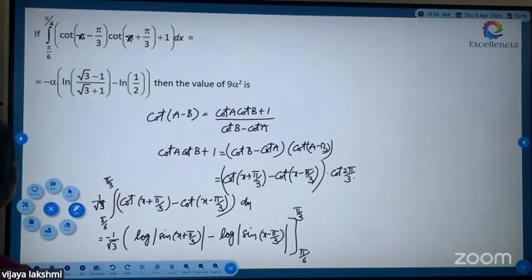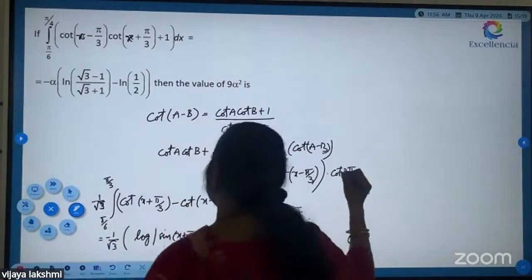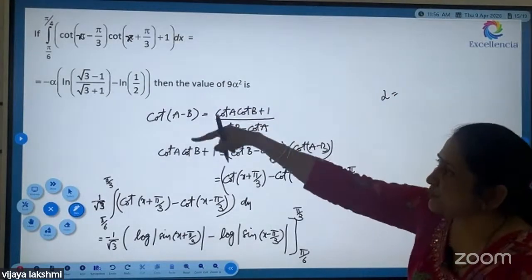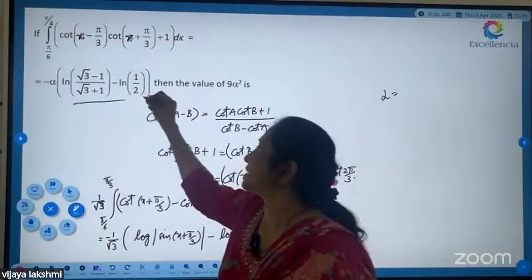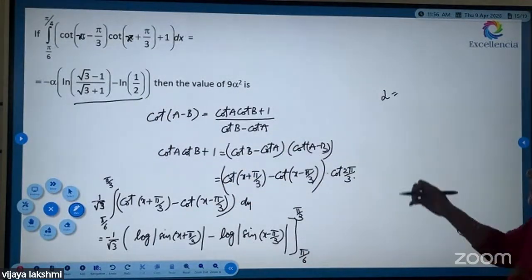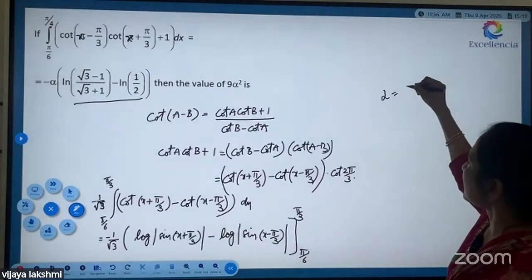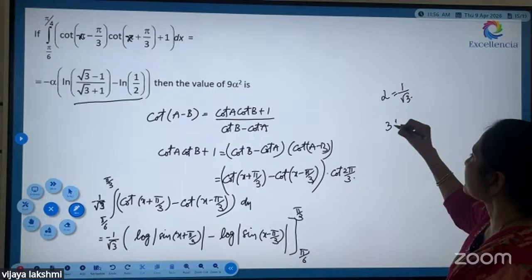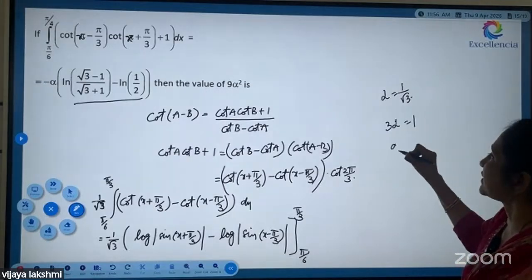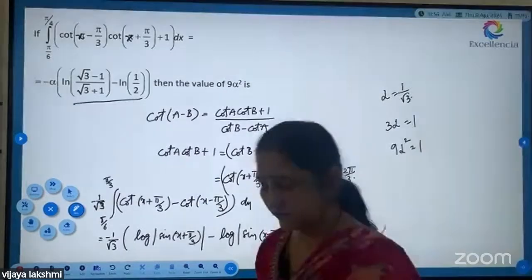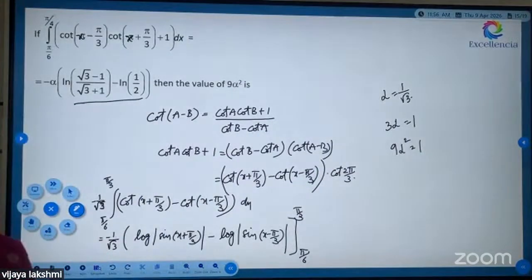We are getting the alpha value, and substituting that form you will get it. That's why I will take alpha equal to 1. So 3 alpha equal to 1, and squaring, 9 alpha square. This is the range of that function.